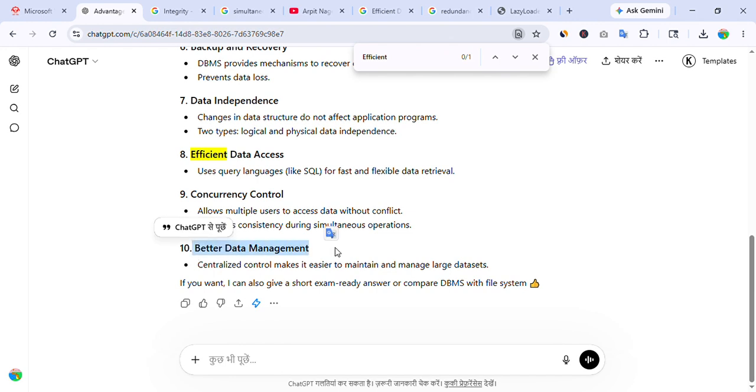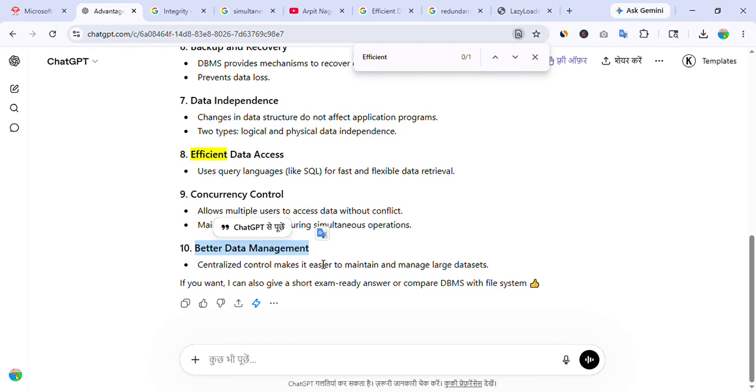The tenth one is better data management. Centralized data control makes it easier to maintain and manage large data sets. What about the companies? Companies have very big data, suppose 1 lakh rows, maybe 2 lakh rows or maybe 10 lakh rows.